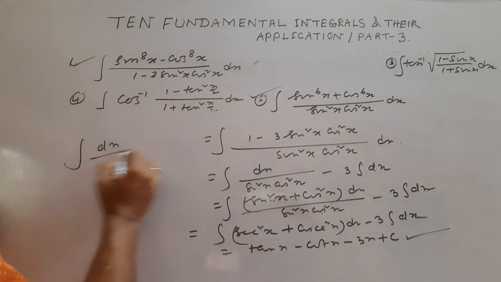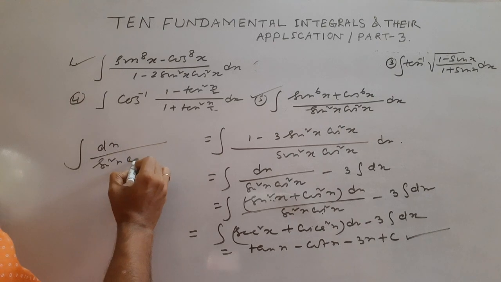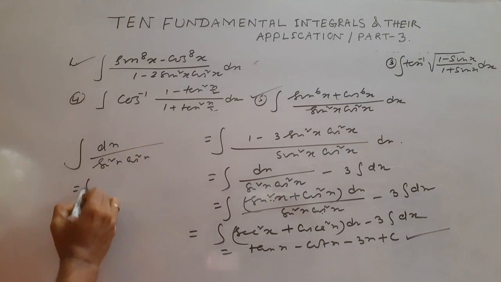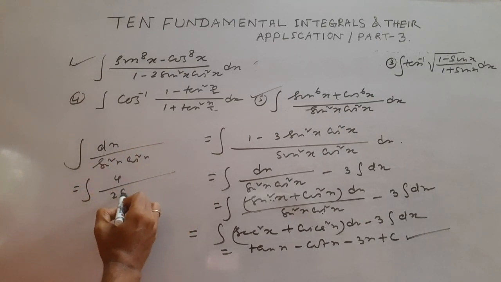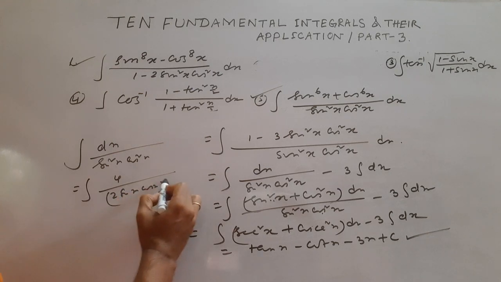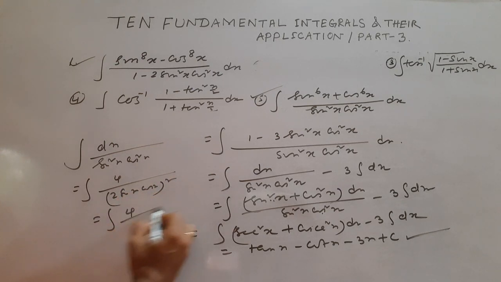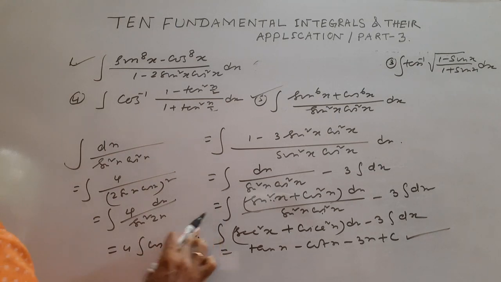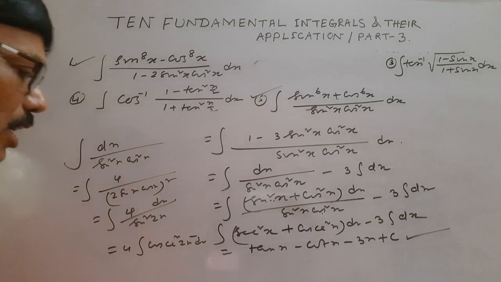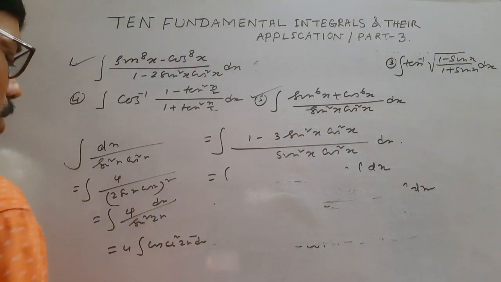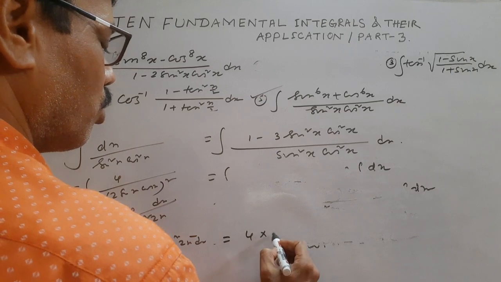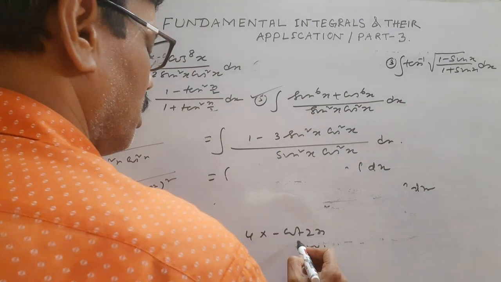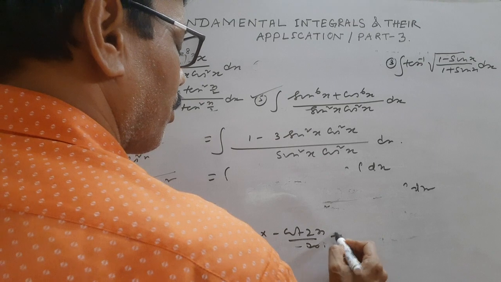Now listen. This one, dx by sin square x into cos square x. So we can write it as 4 by (2 sin x cos x) whole square. So 4 by sin square 2x dx. So 4 cosec square 2x dx. Now what is the integration of cosec square x? Minus cot. So 4 into minus cot 2x by 2 plus c.